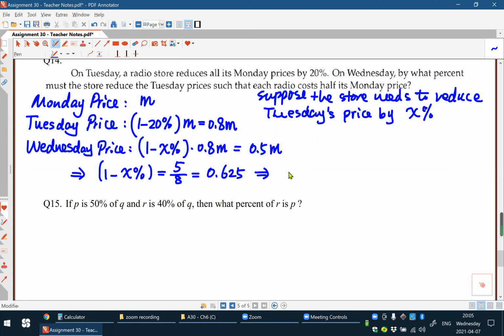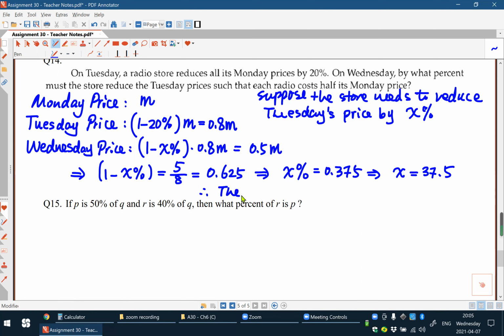So that means X% is 0.375. Okay, so what is the conclusion? Conclusion is X is 37.5, right? So that means you can make the conclusion.